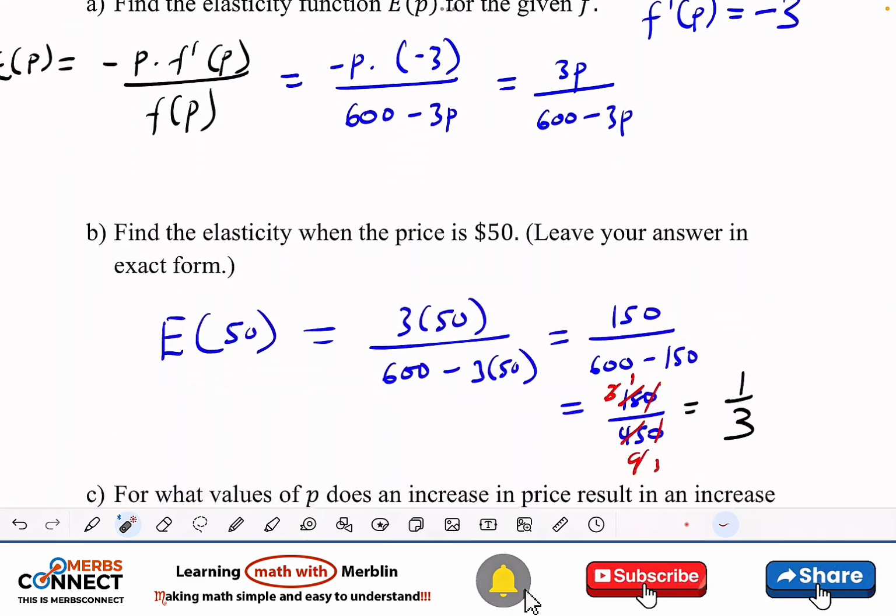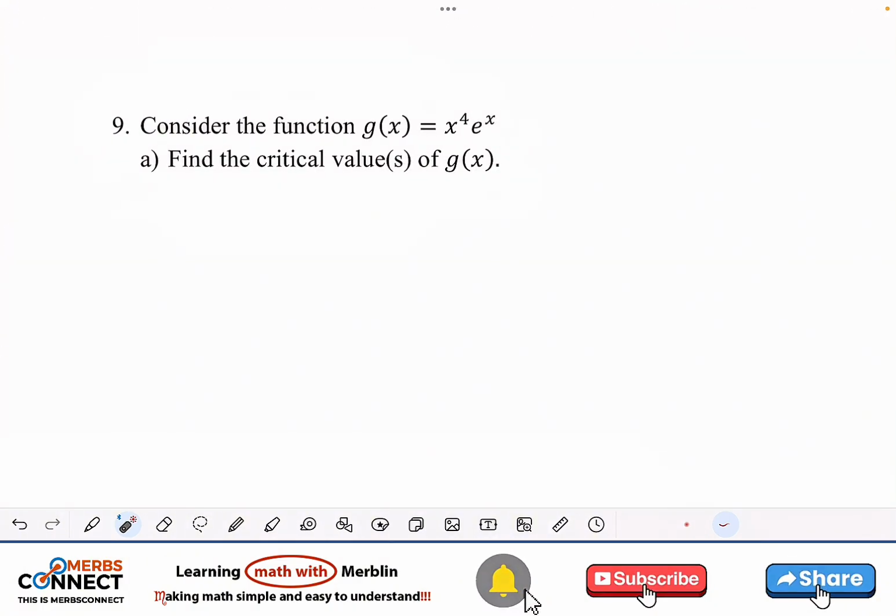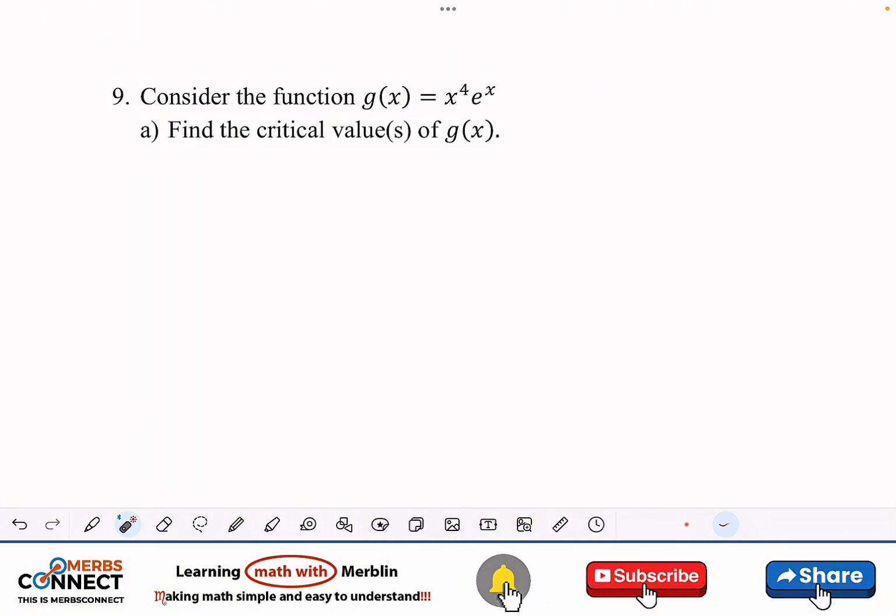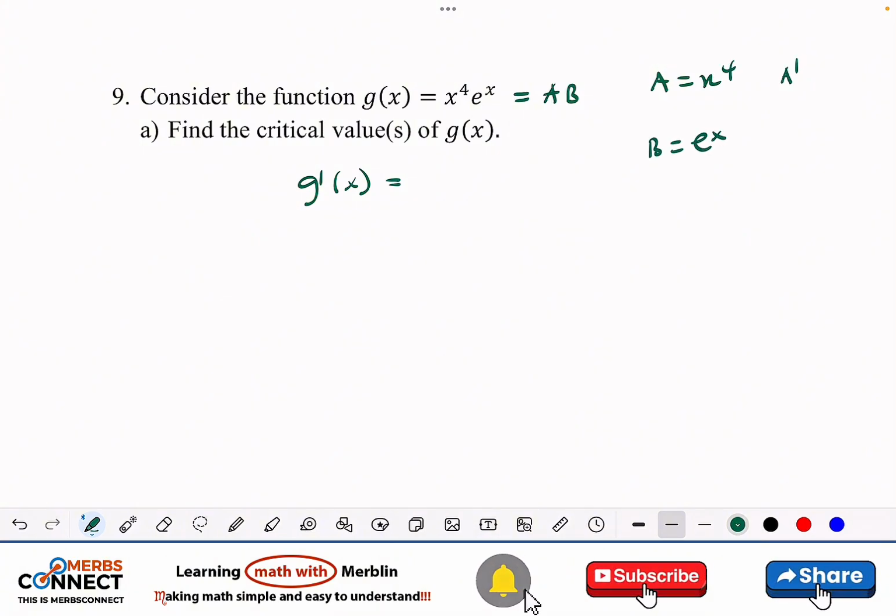Good. 2 more to go. Let's look at question 9. Again, we need to find critical values. So we need to find G prime, but for G prime we need to use the product rule. So U A B, right? Let's assume that A is equal to x to the power 4 and B is equal to e^x. What is A prime? Using the power rule, we get 4x to the power 3. What is B prime?